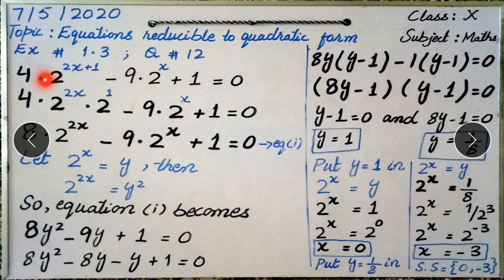Why? Because some terms are raised to complicated exponents, like 2 raised to the power 2x plus 1. Such type of equations are difficult to be solved because of complicated exponents. So therefore, we can reduce this type of equations into quadratic form for convenience.